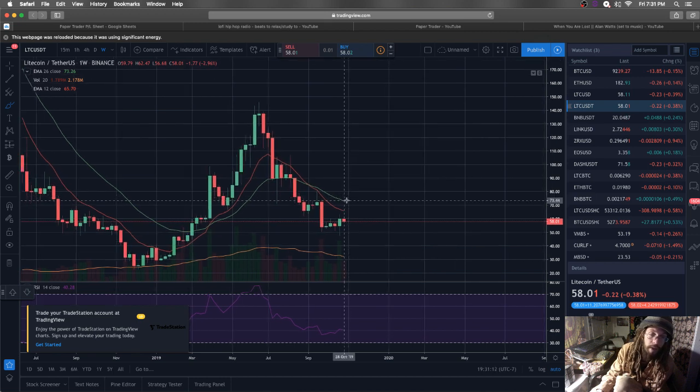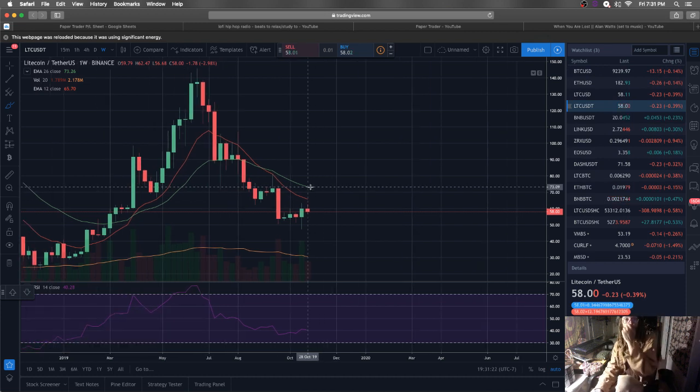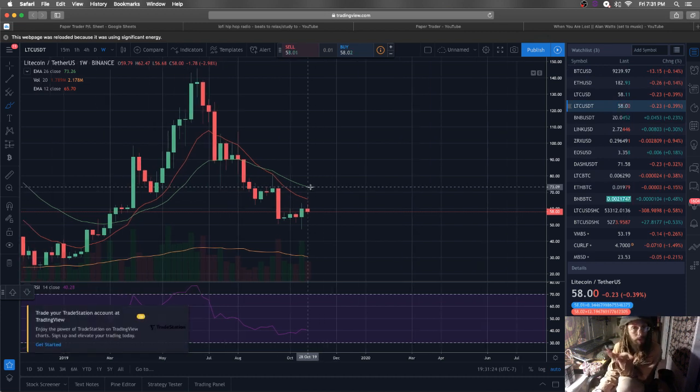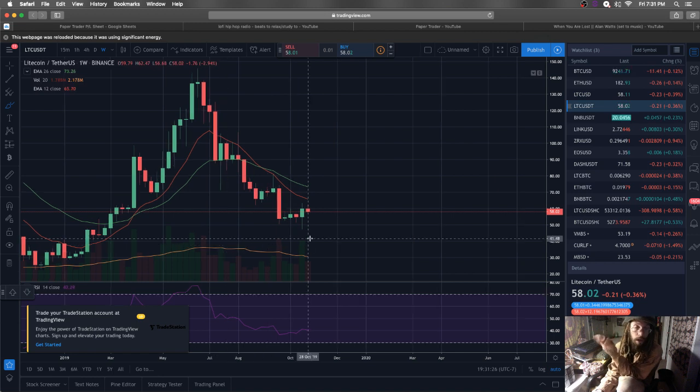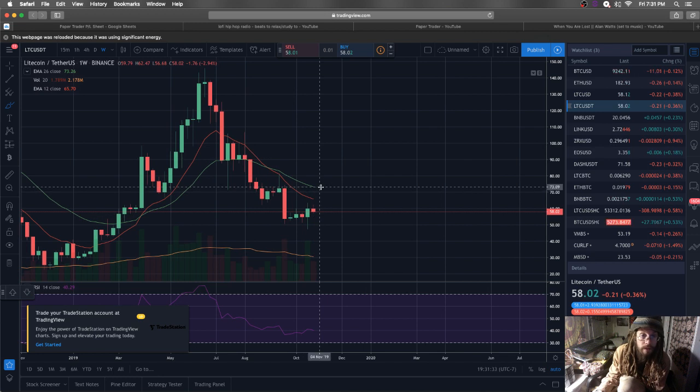It is very highly possible that it comes and taps this green line, is what I would assume. And I'm not sure if Bitcoin's the same. I'm more of a Litecoin trader because the profit margins are more, not necessarily. It depends on the Litecoin Bitcoin chart, right? And just the moves in general.